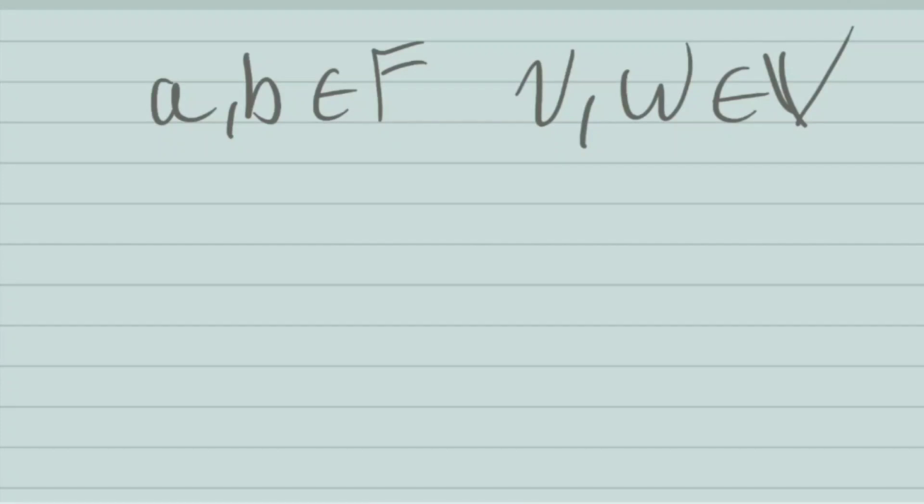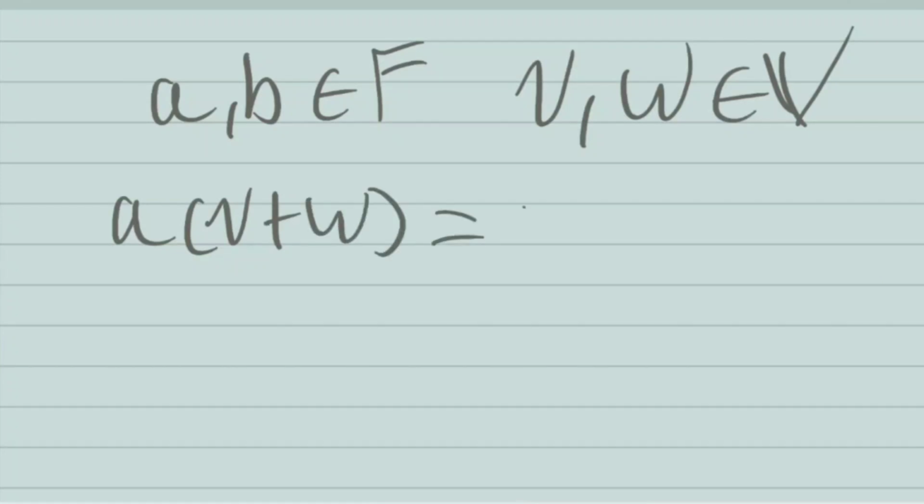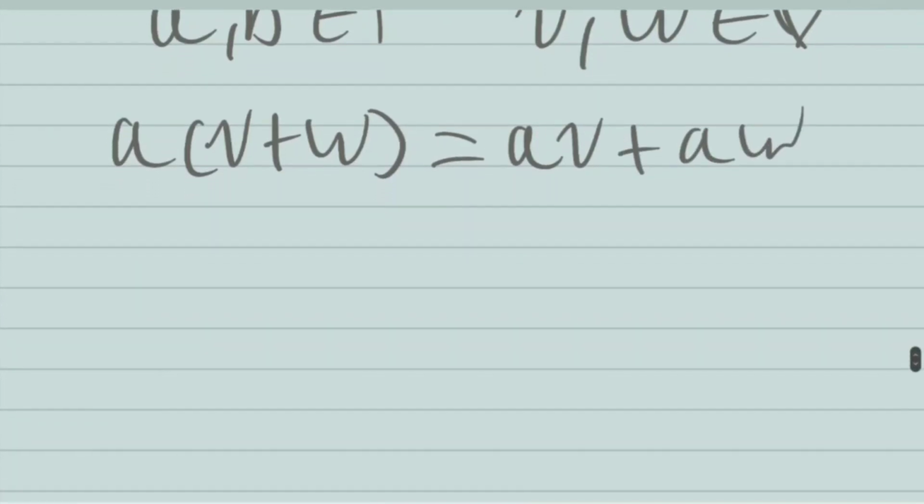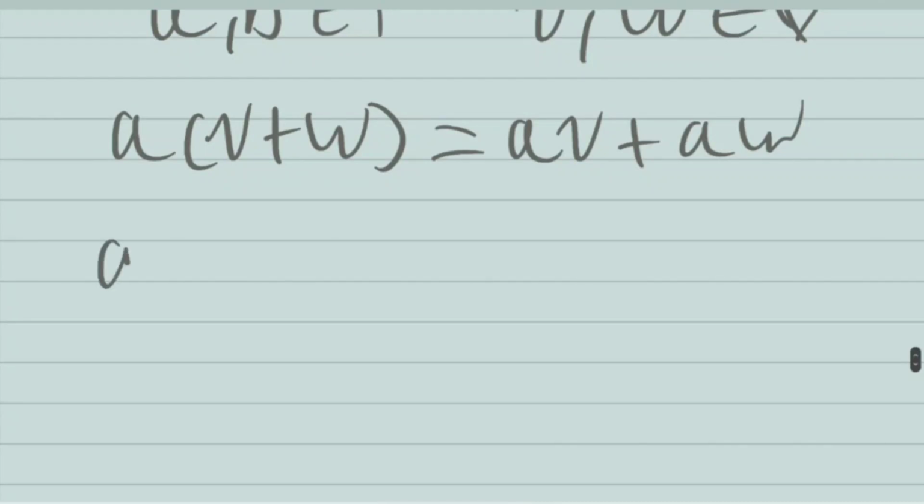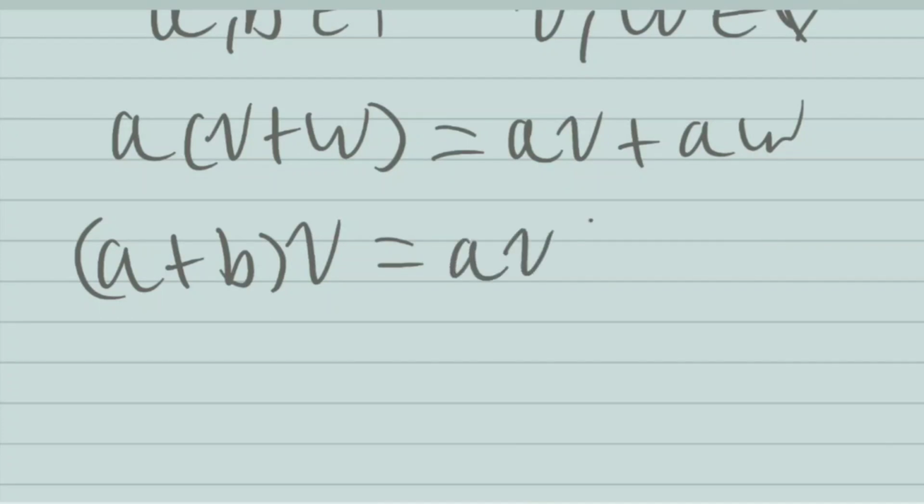The distributive property guarantees that A times our two vectors added together is equal to A times one vector plus A times the other vector. And the other distributive property is that two scalars, A plus B, times some vector V is equal to AV plus BV.